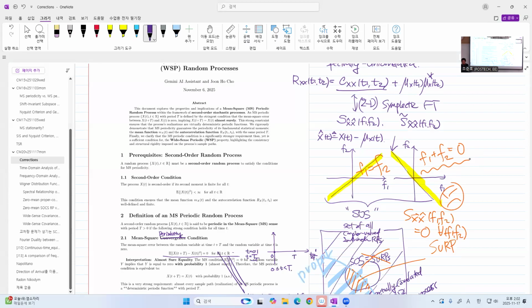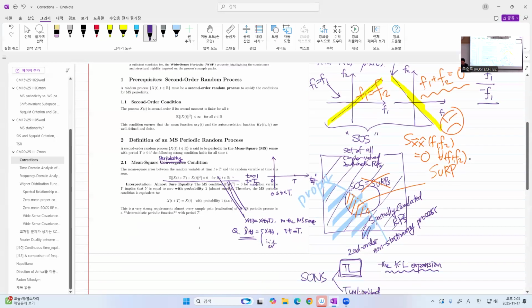We have cross correlation between the component at f equals f1 and f equals negative f1. So not only do we have correlation of the component f1 and f1, we may have spectrally correlated components.